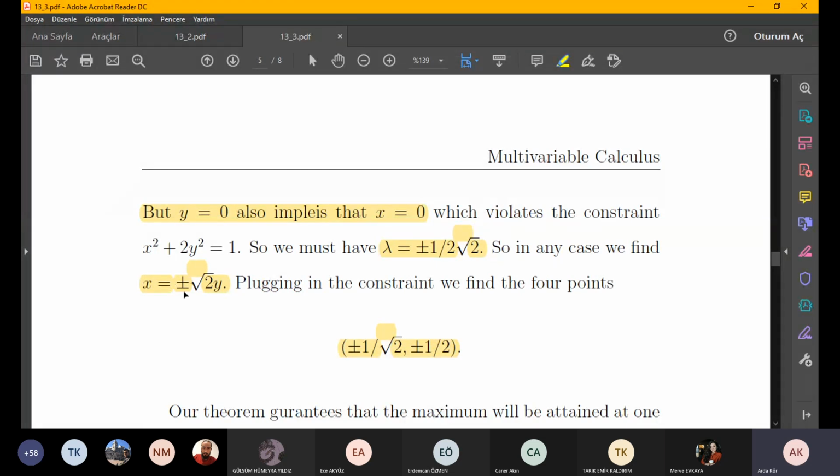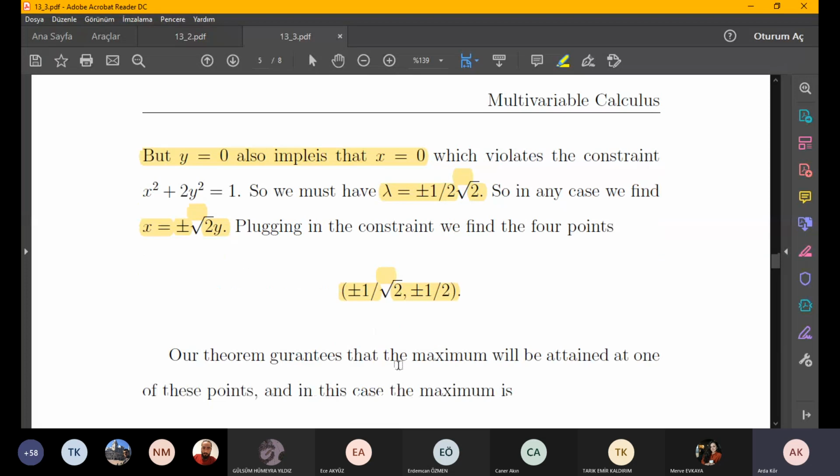And by putting this in the third equation, and also by letting lambda be one of these values, we have 4 points, which will be plus, plus, plus, minus, minus, plus, or minus, minus, 1 over square root of 2, 1 over square root of 2. So those will be the 4 points.